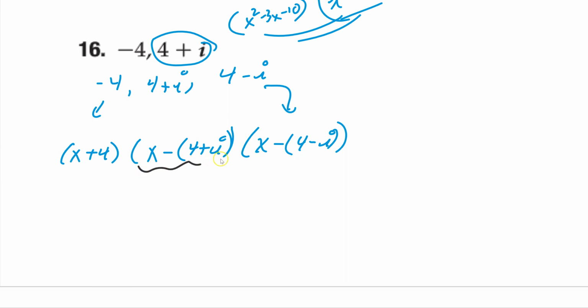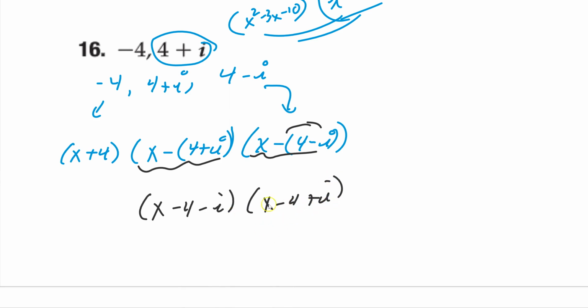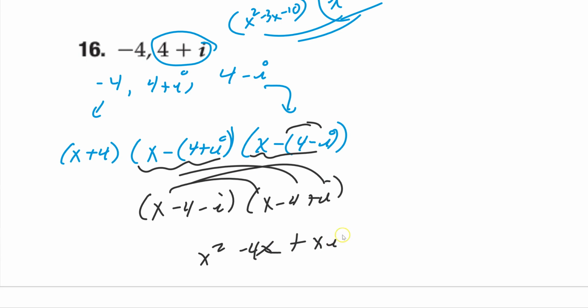Then I would multiply these together first. Simplify a little bit. x minus 4 minus i. x minus 4 plus i. And then you actually multiply these together. So x times x is x squared, minus 4x, plus xi.